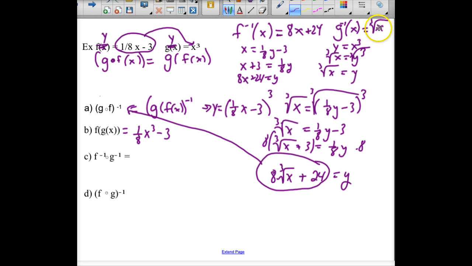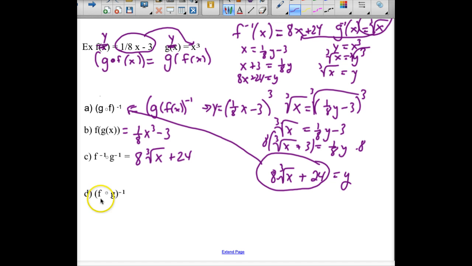So that's the inverse of g. We want f inverse of g inverse, so we're going to take g inverse and put it inside of f inverse. So that would equal 8 times the cube root of x plus 24. We're taking this g inverse and putting it inside of f inverse in place of the letter x.